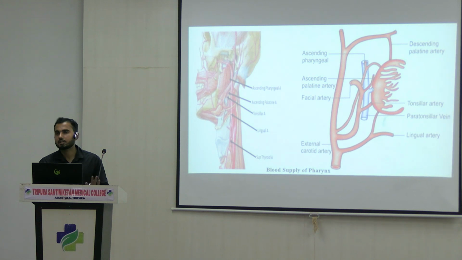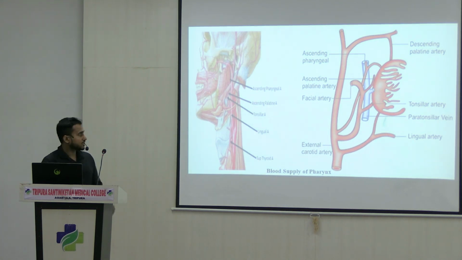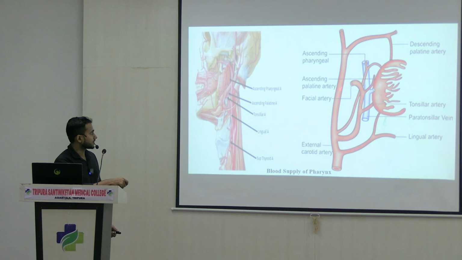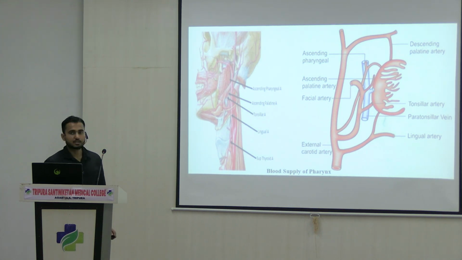The main one is the ascending pharyngeal branch, which is a branch of the external carotid artery. So only one branch is not sufficient. That's why additional blood supply or other branches are also there, which is shown over here. Here also you can see the ascending palatine artery, and you can see the lingual artery also, the dorsal branch of the lingual artery, which is supplying the pharynx.